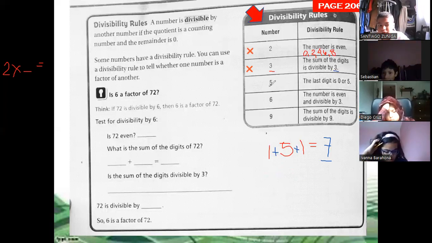Now, a number is divisible by 5 if the last digit is 0 or 5. Is 151 divisible by 5? Yes? What does last mean? ¿Qué significa last? Último.